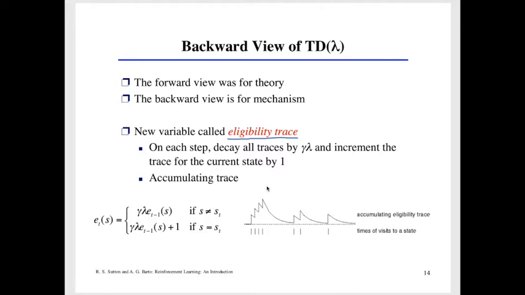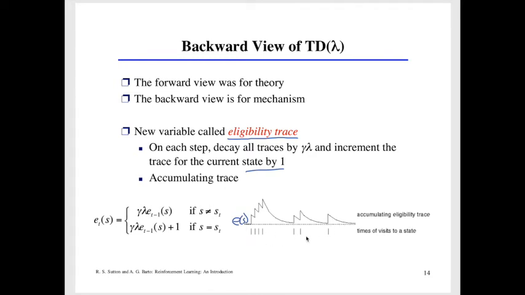Whenever you visit a state, you set it to 1, or you increment it by 1. So if you've never visited a state before, then it becomes 1, like a spike. And then every time you update your value function, you decay all the states down. So this is E_t(s) for some particular state s.